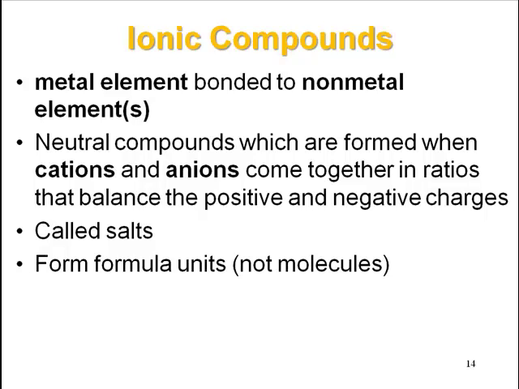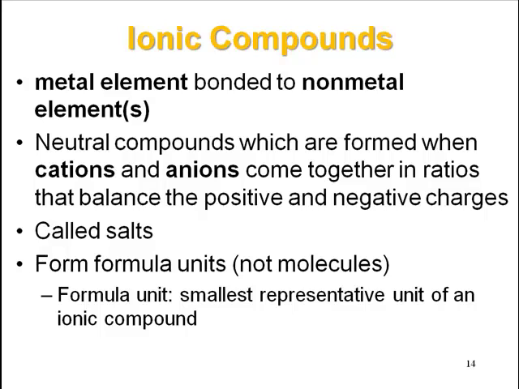But sodium chloride and other salts, they form formula units. That's the lowest ratio of that salt, the lowest possible ratio. So NaCl is never found in nature by itself, just Na and Cl hanging out. Instead, it's tons of Na with tons of Cl. But the formula is the simplest. The formula unit is the smallest representation unit of an ionic compound. So the smallest representation. Yes, sir?